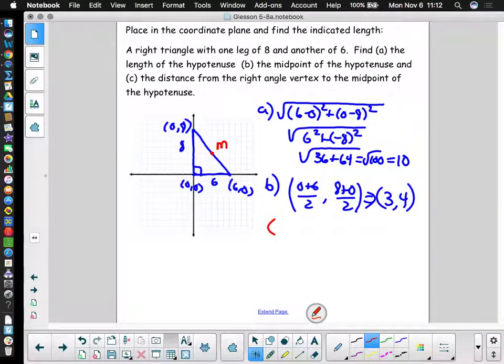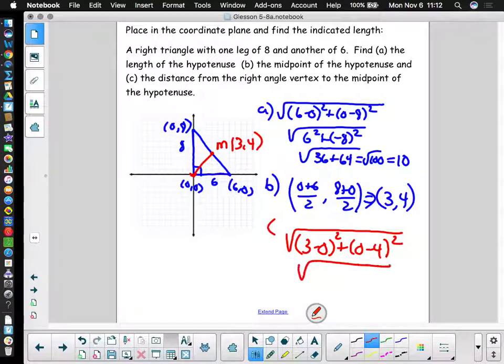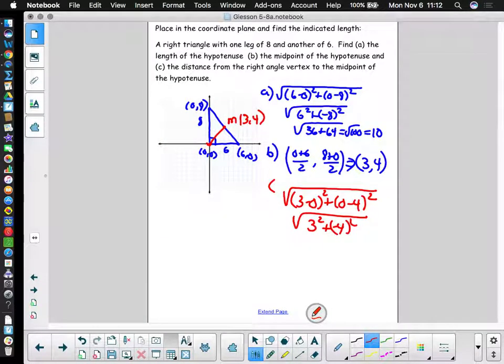Finally, part C says find the distance from the right angle vertex to the midpoint of the hypotenuse. So it wants this. So again, we know that the coordinates of this are 3, 4. So we go do another distance formula. And that's pretty straightforward. Give myself a little more space here.